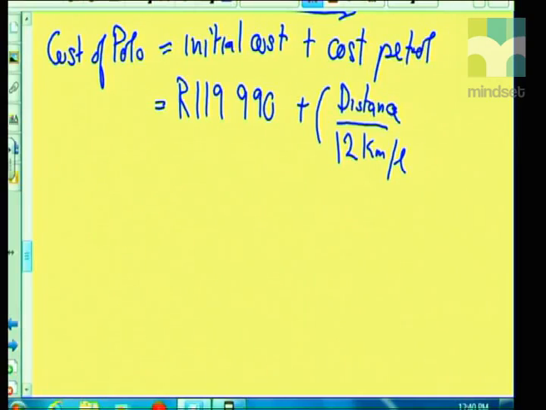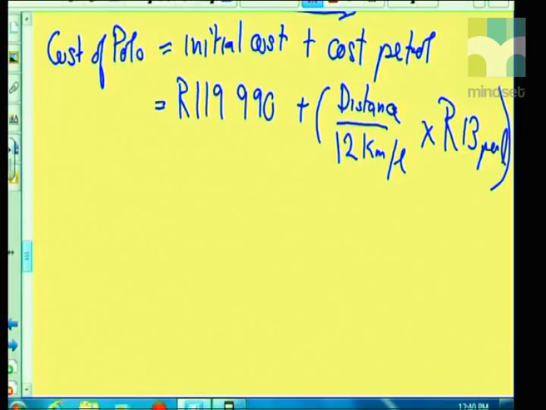Then the kilometers will cancel with kilometers, and litres will go to the top line, and litres times the cost per litre is the price, which is 13 Rand per litre. And the per litre will cancel with the litres, and we will get a cost. So there's my little formula that I'm going to use for the Polo.